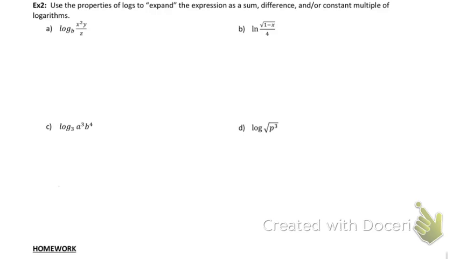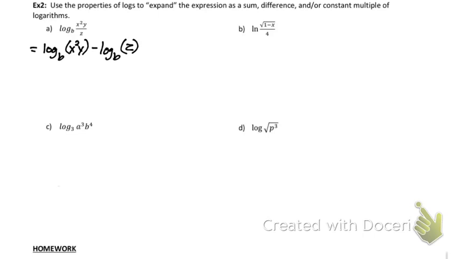So this one we have a division bar. I have something on top, something on bottom, so I'm going to handle that division bar first. Division, we're going to turn that into subtraction to expand it. So rather than having log base b of x squared y divided by z, we're going to change that into a subtraction of two logarithmic functions. So I'm going to have log base b of x squared times y minus log base b of z.